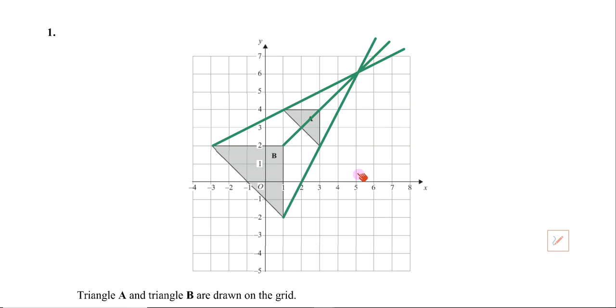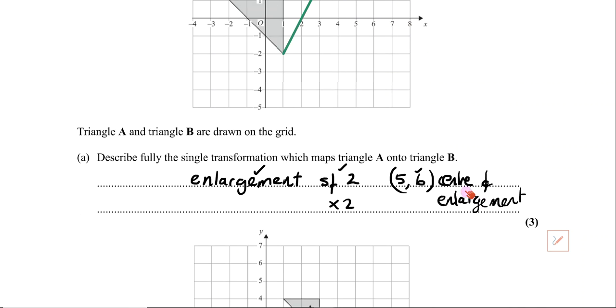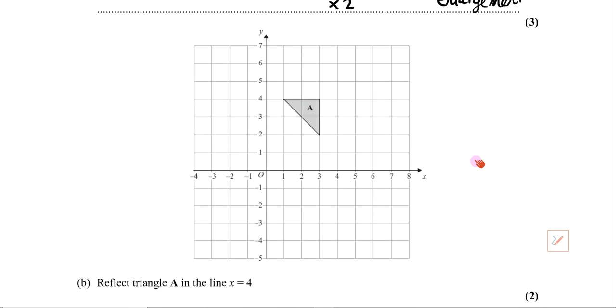No? So you can tell if it's an enlarged shape and it looks like it's been rotated, it's not an enlargement and a rotation, it's an enlargement with a negative scale factor. Okay? Maybe we'll find one of those on the sheet.